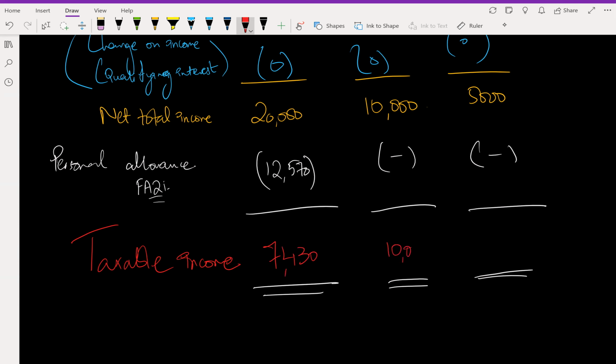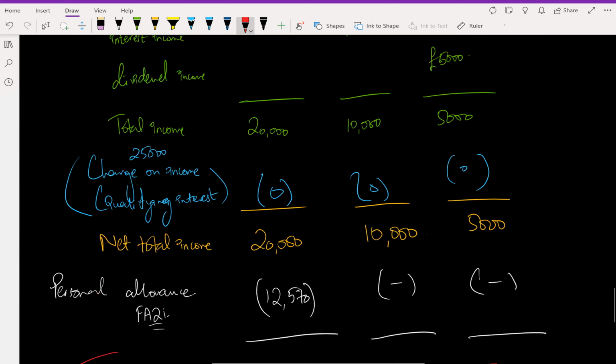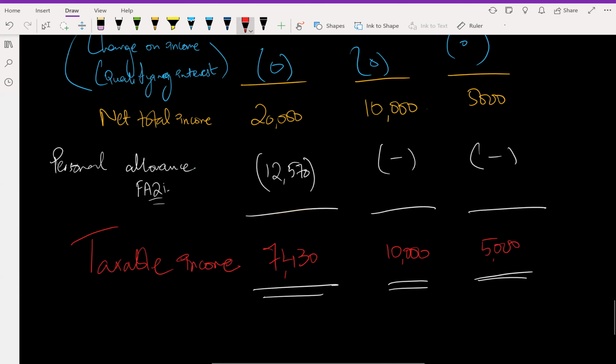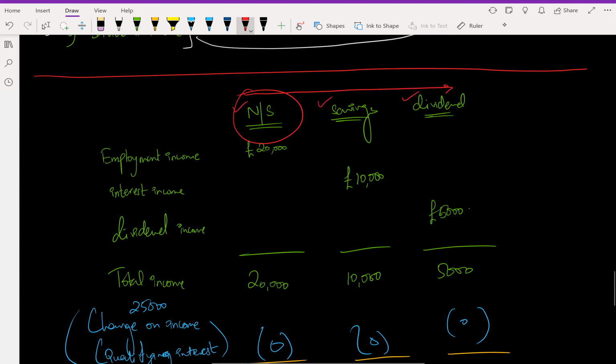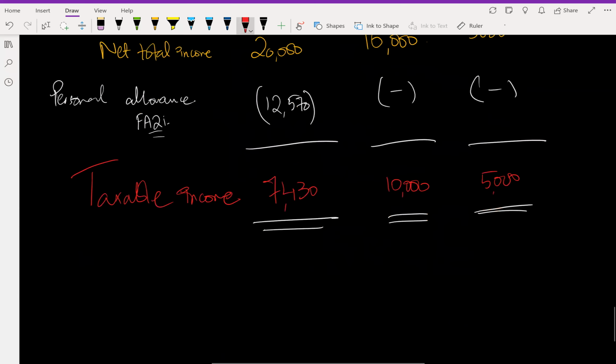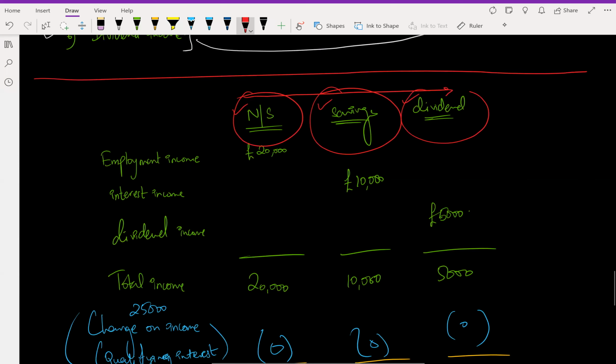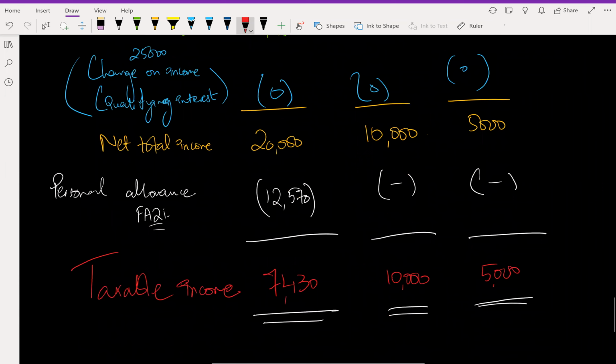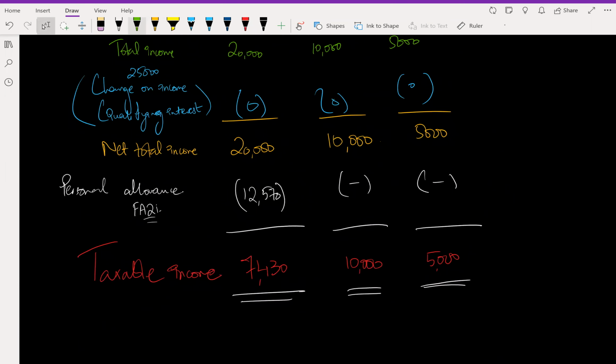This will be 10,000 and this will be 5,000. Okay. 7,430 is taxable under the non-savings category. 10,000 is taxable under the savings category. And 5,000 is taxable under the dividend category. Do you guys understand this?